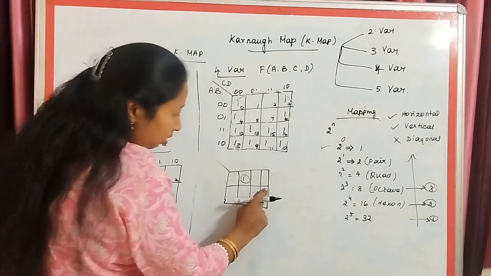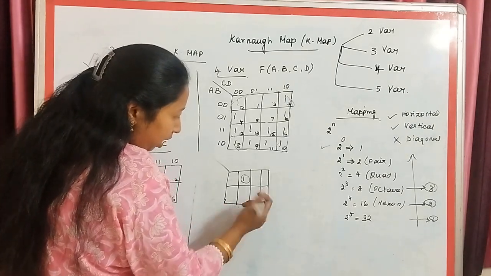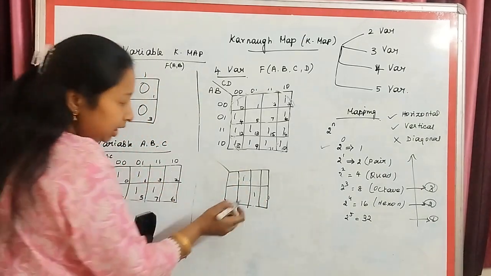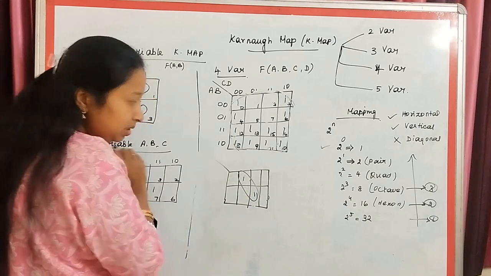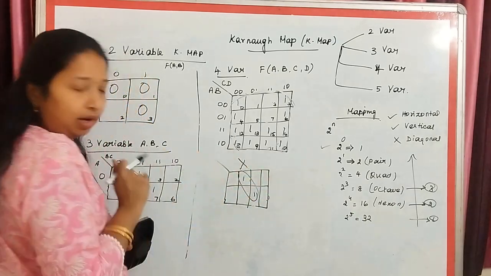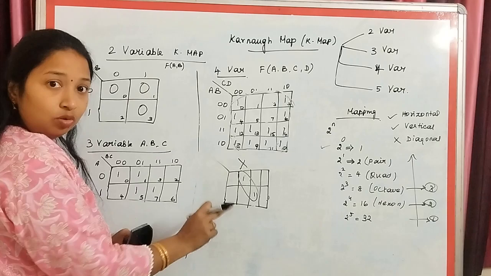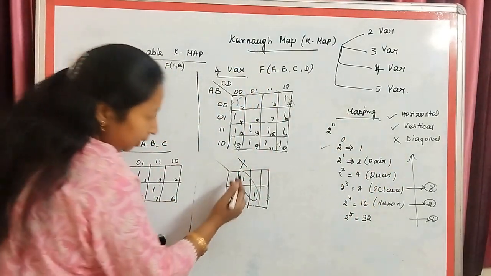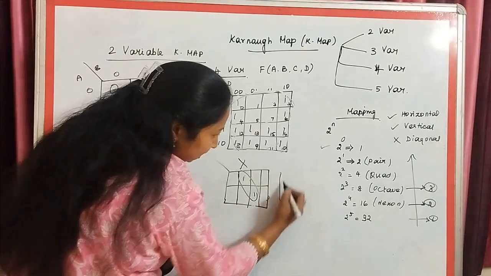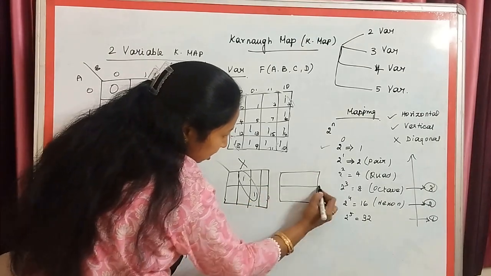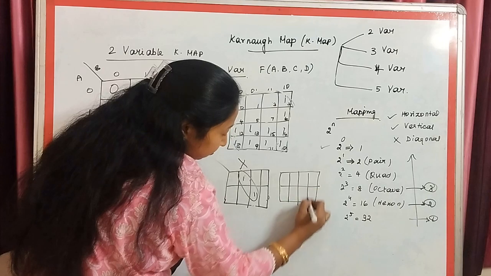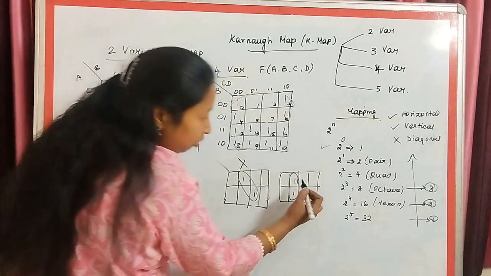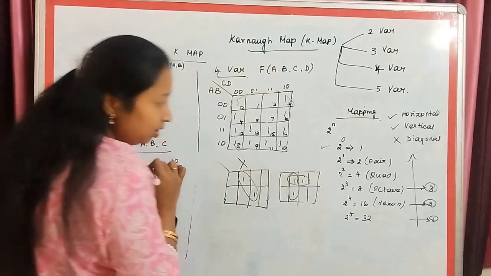Got it? Now, by chance, if I have a 1 here, and here again, I cannot group these 2 numbers like this. This is not allowed. Diagonal grouping is not allowed. But if a number was here, I can group it. If my number was adjacent to it, I can group it.